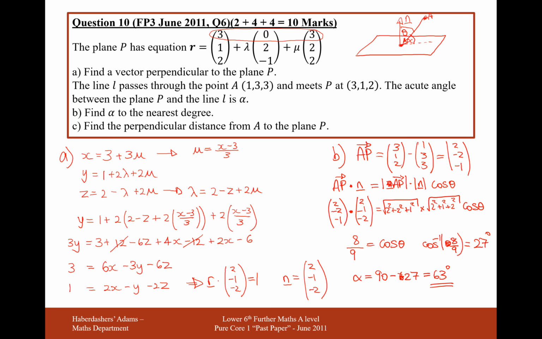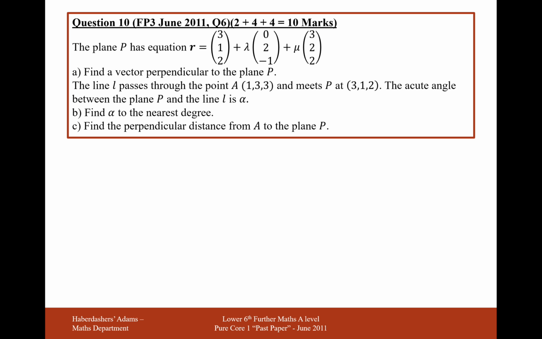Okay, the next part is calculate the distance from A to the plane P. And here, all we need to do is recall that formula that we've learnt in lessons: n1 times alpha, n2 times beta, n3 times gamma. So this is the coordinate that is effectively in the formula here, alpha, beta, and gamma.